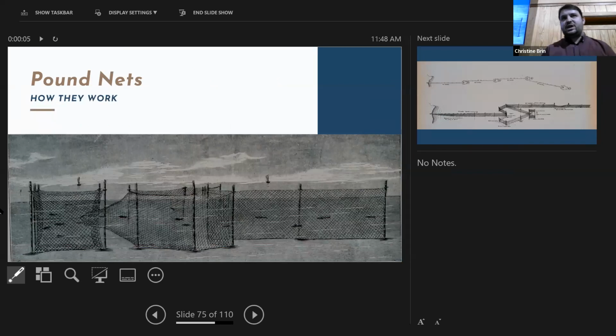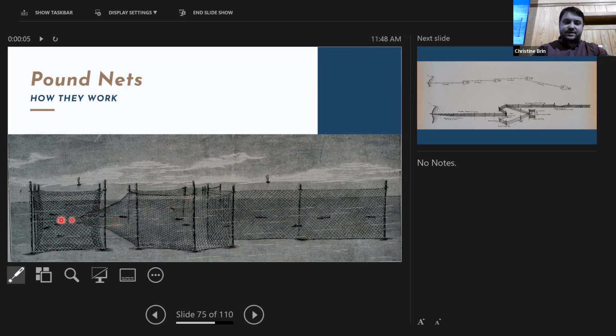And just how these nets work, you've got this one long section of net here. It acts like a fence. It's called a leader. And so the fish run into it. They want to get around it. And so they'll go up the length of it, and then they'll get into this next section. It's called the heart. And that narrows down into this area called the funnel or the tunnel.